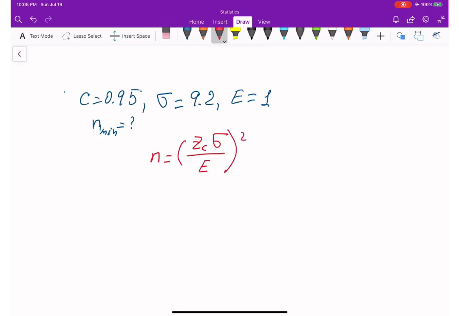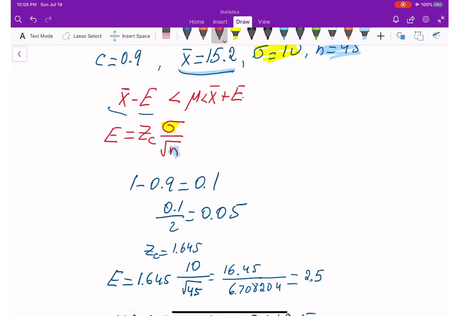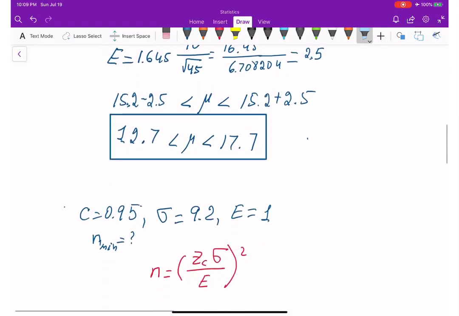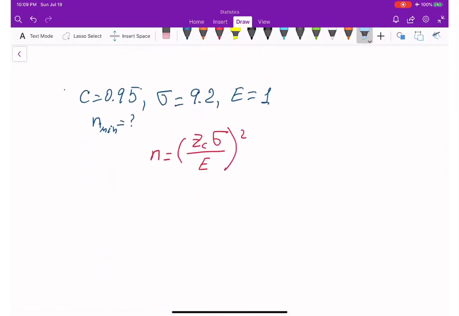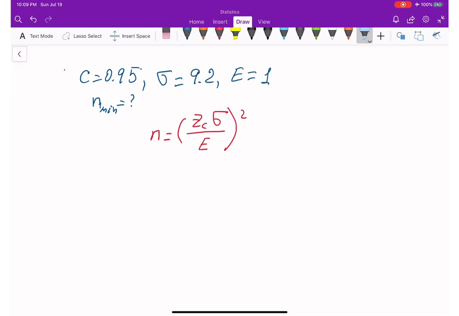By the way, this formula for N is derived from this formula of error. Whoever wants the challenge can try to find how you arrive at it. Or if you are interested, text me, I will solve it for you, to show you how to derive this N.